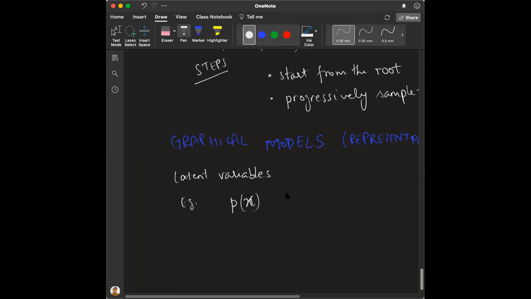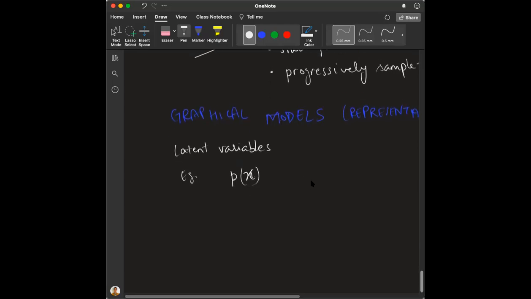And I'm not able to find a very good graphical representation, but I represent it with a latent variable, probability of x comma w, where w is a latent variable.